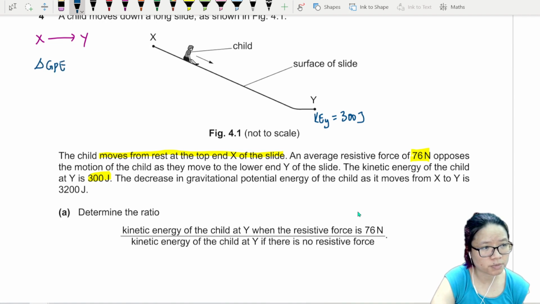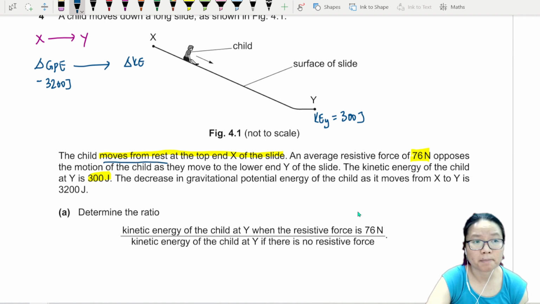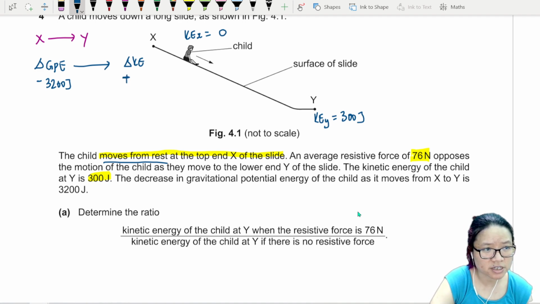So the change in GPE, which is negative 3200 joule, will convert to change in KE. Since the child is at rest, the KE at X is 0. So the change in KE is actually just positive 300 joule.